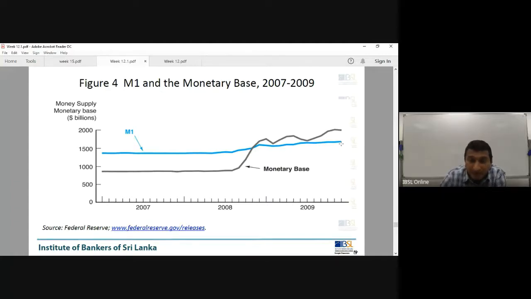So the multiplier has actually reduced. Here it is 2 trillion. 1.5 or 1.6 trillion equals small m times 2. That means the multiplier is in negative territory here.